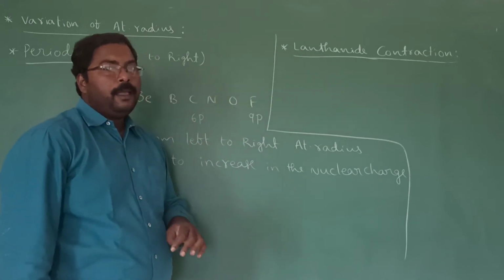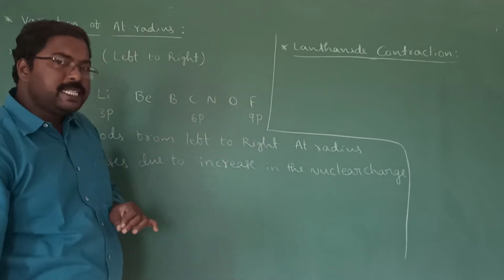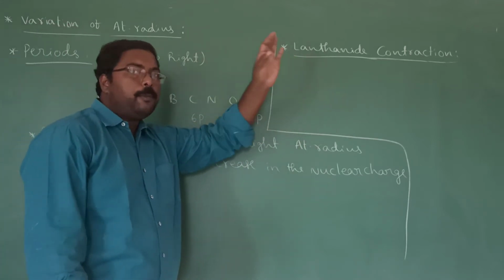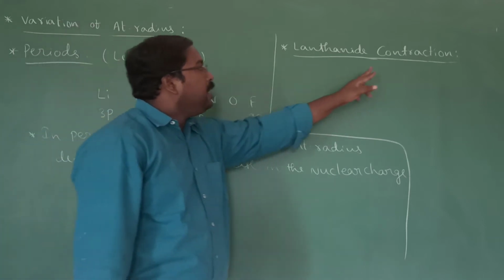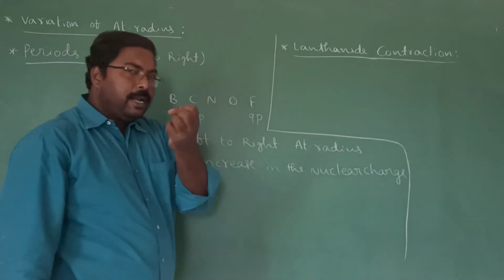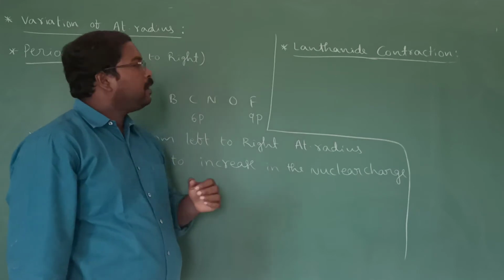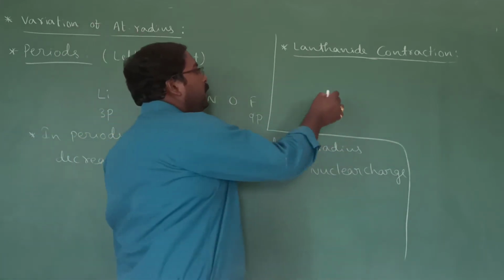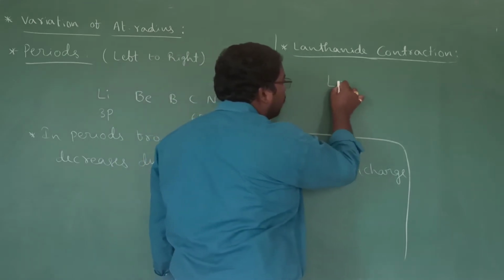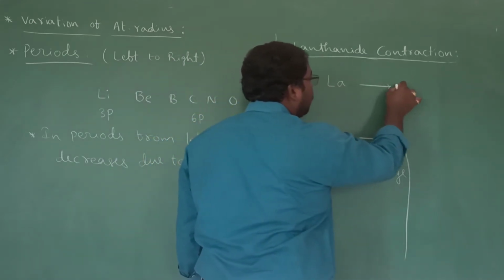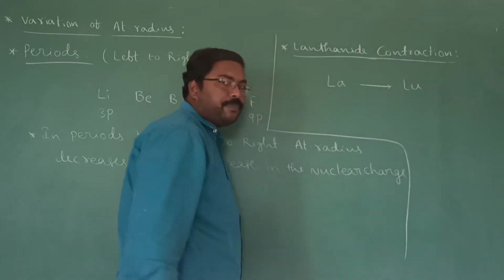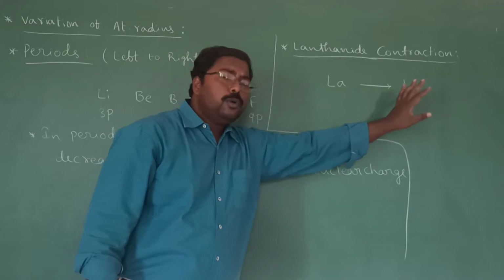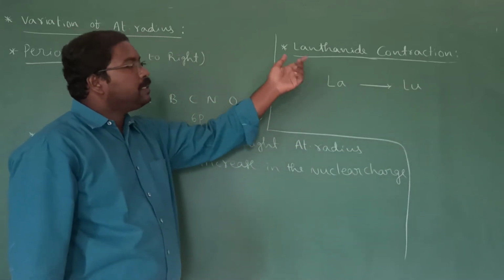But anyway, we are discussing the variation in atomic radius, so let us discuss it briefly. A contraction, yes, everyone knows, means decrease or reduction. In the case of lanthanoids, lanthanoids means from which element to which element? Lanthanoids are from lanthanum to lutetium. The elements following lanthanum up to lutetium are known as the lanthanoids.